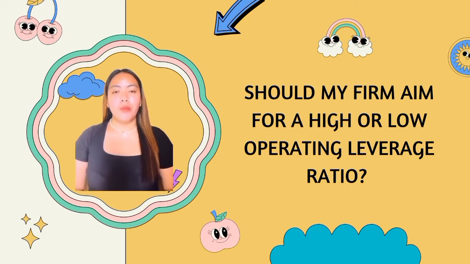So I would like to ask, should our firm or my firm aim for a high or low operating leverage ratio? In my opinion, low operating leverage is better than having a high operating leverage. Having said that, companies with a low degree of operating leverage may find it easier to earn a profit when dealing with lower levels of sales.